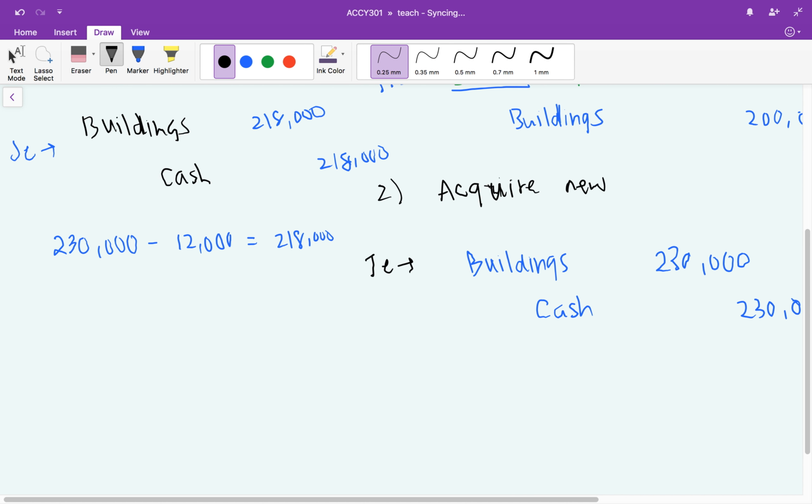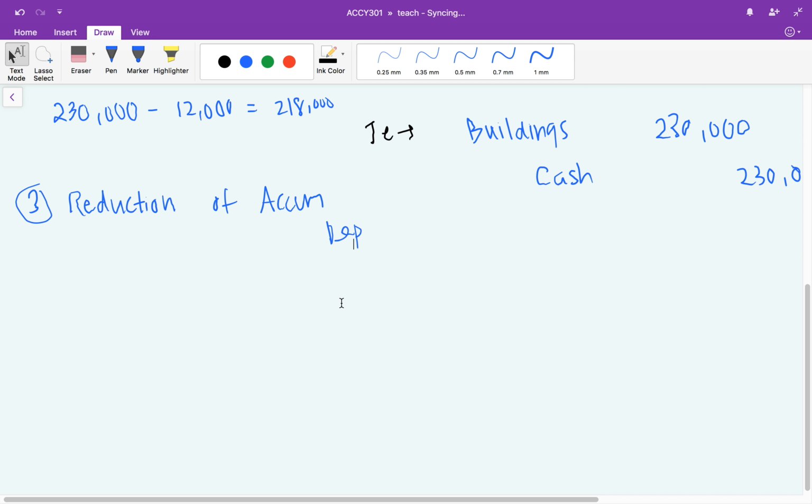And next we're going to move on to our third method, which is called reduction of accumulated depreciation. So in this method, instead of even changing the buildings account, we are just going to reduce the amount of accumulated depreciation that has been created through the buildings that has been directly affected by the air conditioning unit.